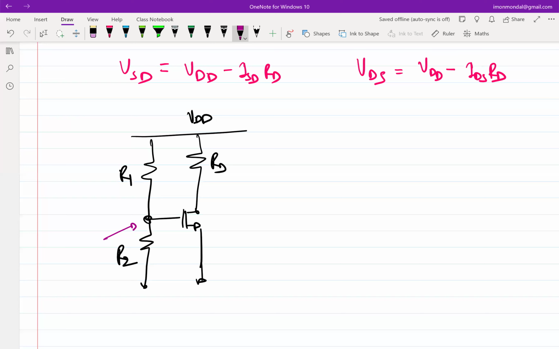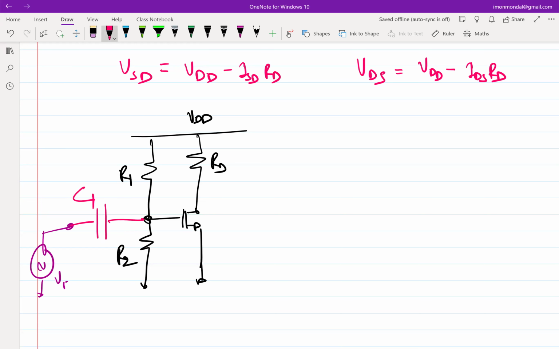Now, given the last class, can you tell me what should I do? I have an input Vi, a capacitor between it and the gate, right? So this is what we would like to do.